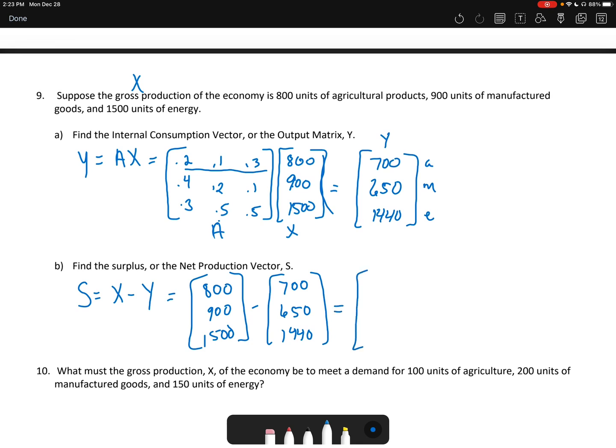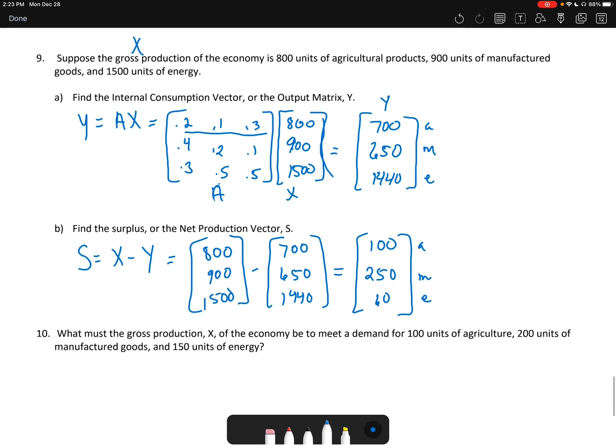So what's remaining is 100 units of agriculture, 250 units of manufacturing, and 60 units of energy. So that's the surplus. Those two you can do in order like that, given the X.